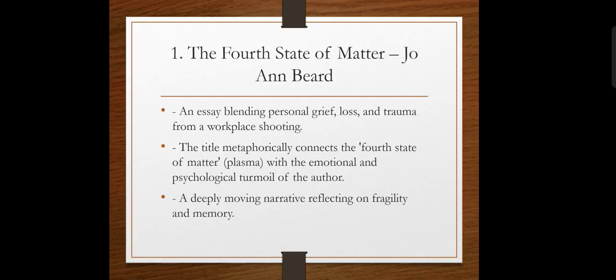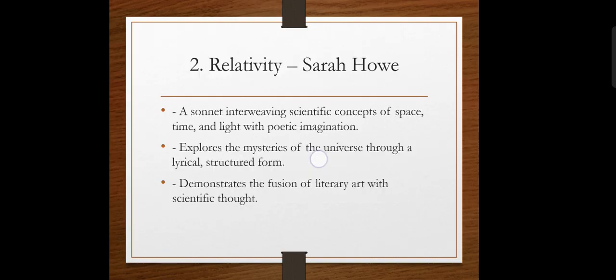What makes this essay extraordinary is how scientific metaphor becomes a vessel for expressing grief and loss. So, those are the major points you have to look into in the chapter The Fourth State of Matter.